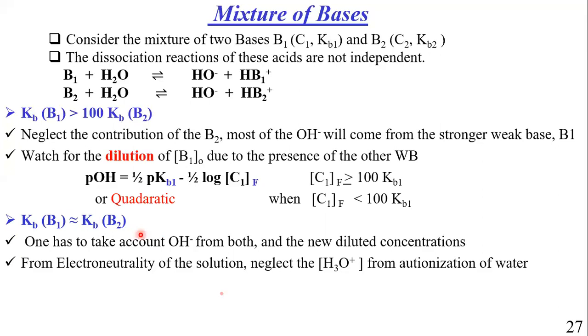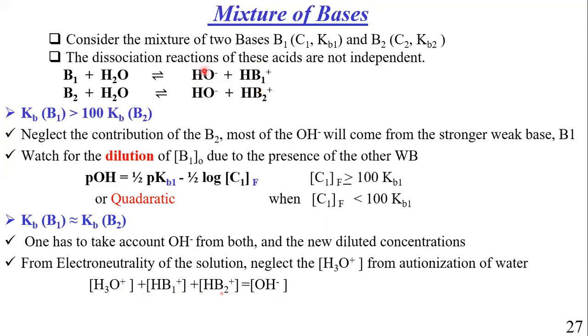We also get the expression for the calculation of OH minus in the solution, and thus pH, from the electroneutrality principle. Let's look at the electroneutrality equation in this case. Here are my equations.